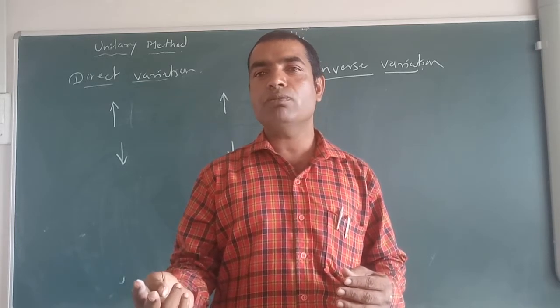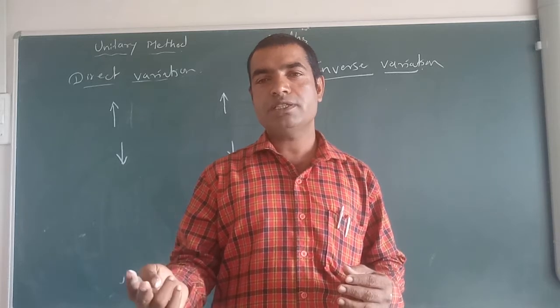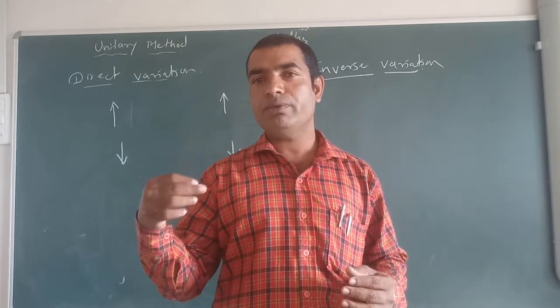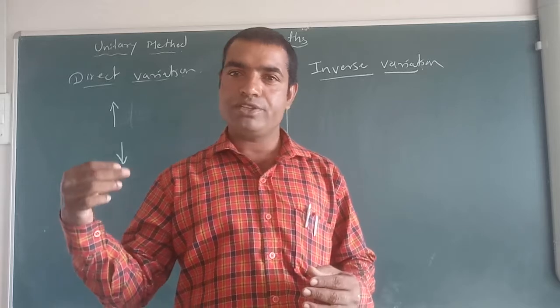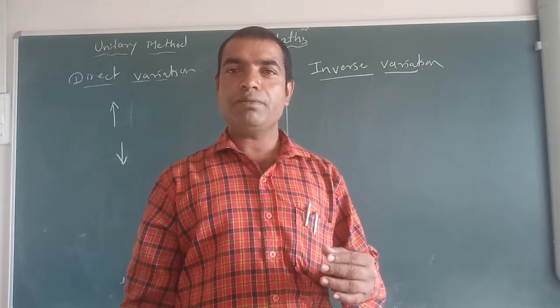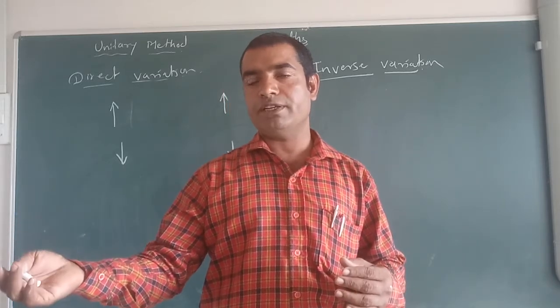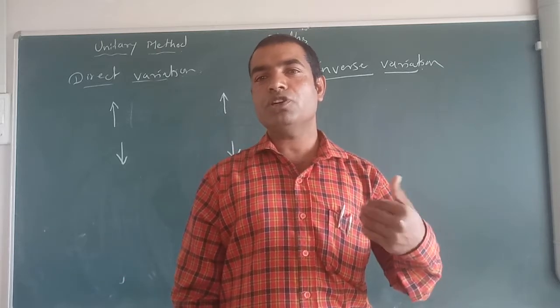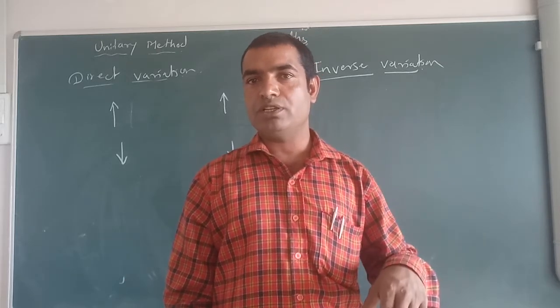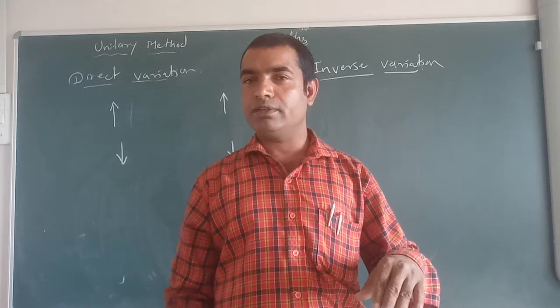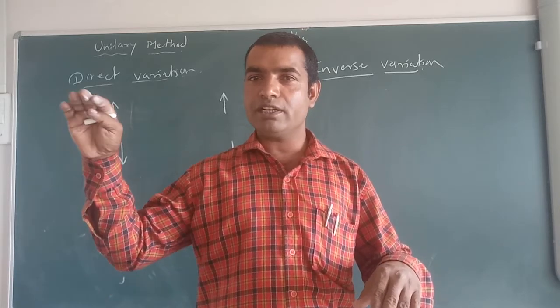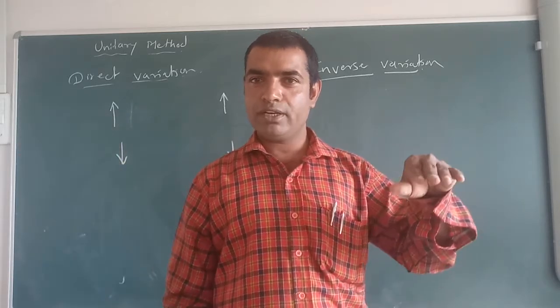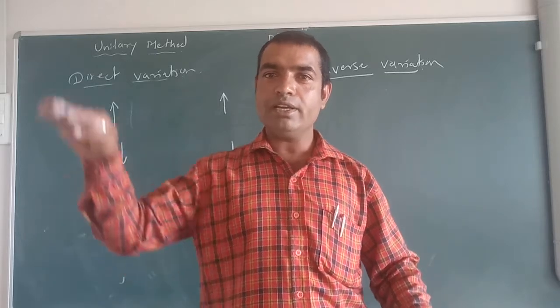So how many children will get chocolates? 5 children will get chocolates. If instead of 2 chocolates, I give only 1 chocolate to each child, then how many children will get chocolates? 10 children will get chocolates. So when the chocolates per child decrease, the children increase.